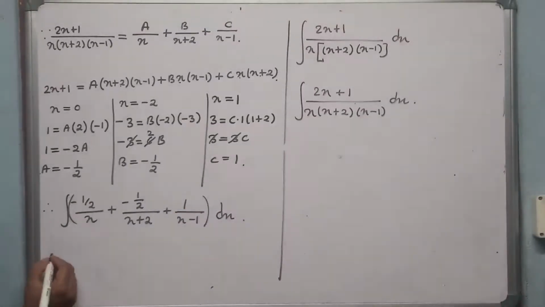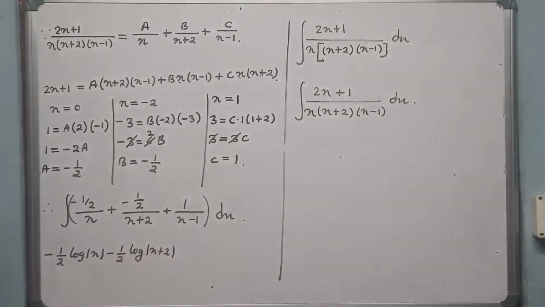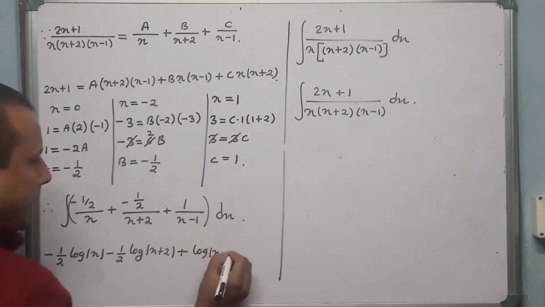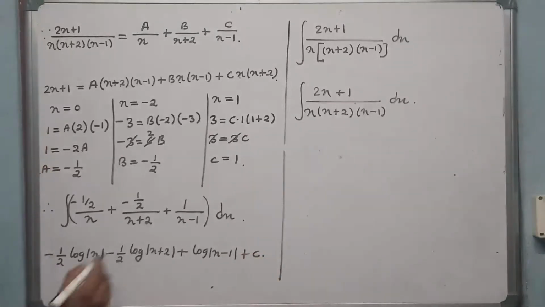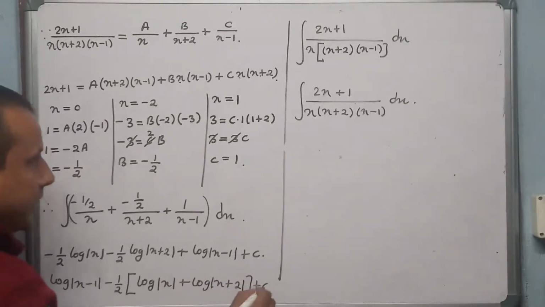Now we will integrate this quantity: half log of mod x, half log of (x + 2), plus, as the integral of 1 over (x − 1) dx is log of mod (x − 1), plus C. Now first I'll write the positive quantity, log of (x − 1). Now from these two quantities, minus half is common. If I take minus half common, we have within a bracket log of mod x plus log of mod (x + 2), plus C.